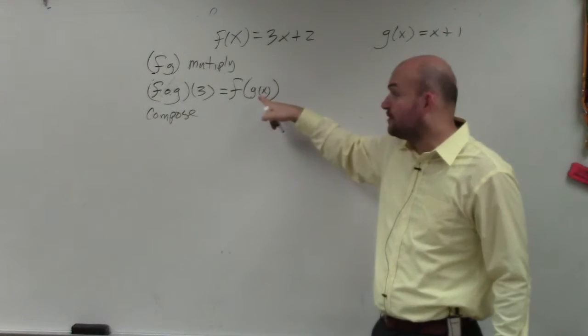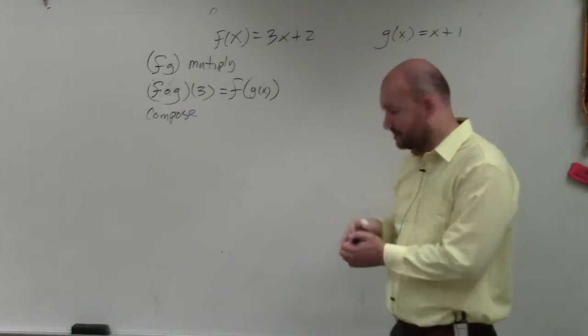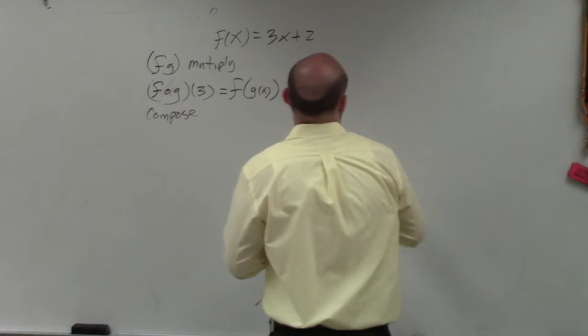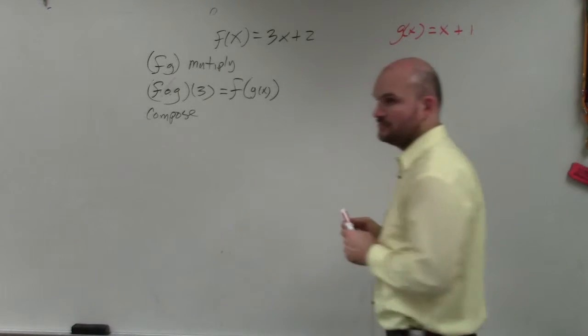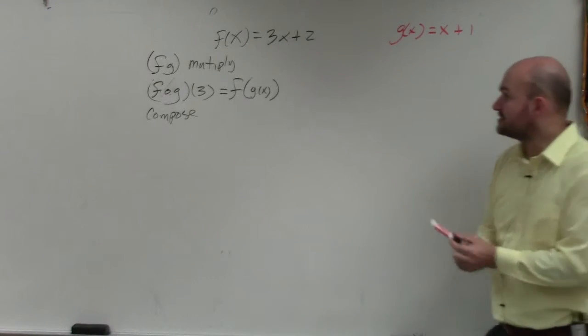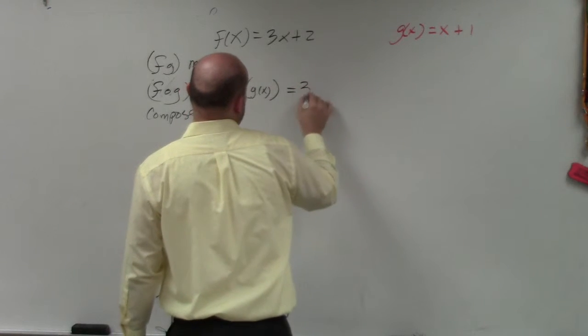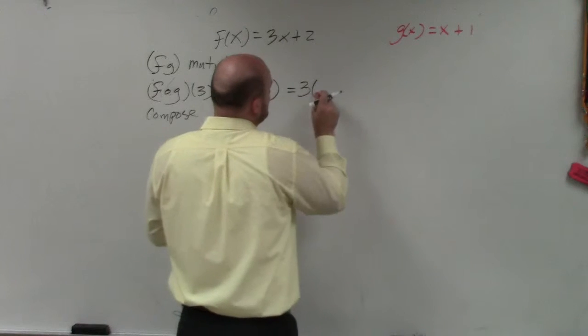So I'm going to take whatever g of x equals, and I'm going to plug it into my f of x function. Now, this is usually better understood if I can color code this. So g of x equals x plus 1, right? All this is basically saying is I'm going to take my f of x function, which is 3x plus 2, and instead of using x, I'm going to use g of x.